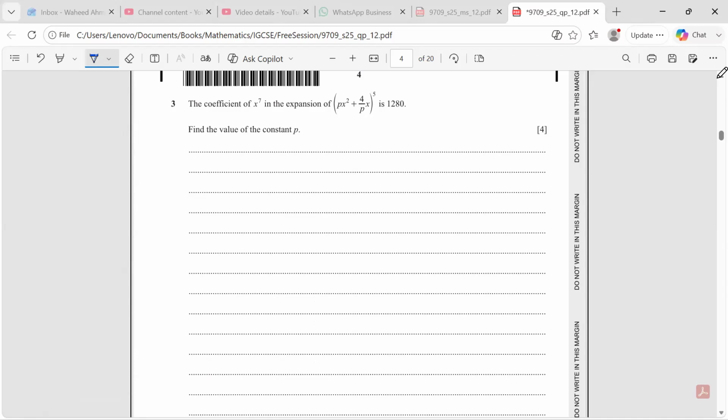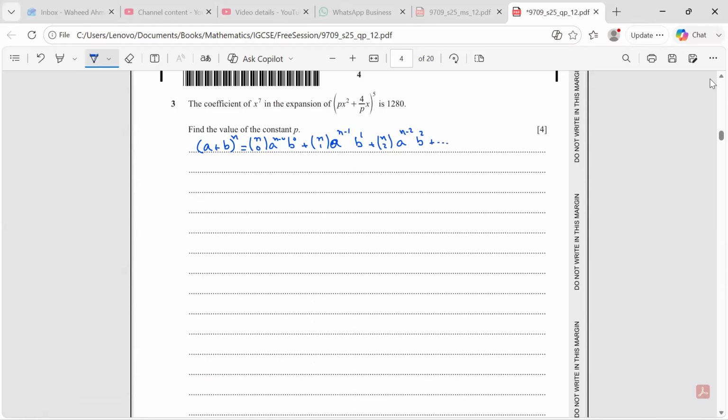Remember, if you have (a + b)^n, then we expand it by nC0 a^(n-0) b^0, which is basically only a^n, plus the next term nC1 a^(n-1) b^1, next is nC2 a^(n-2) b^2 and so on.